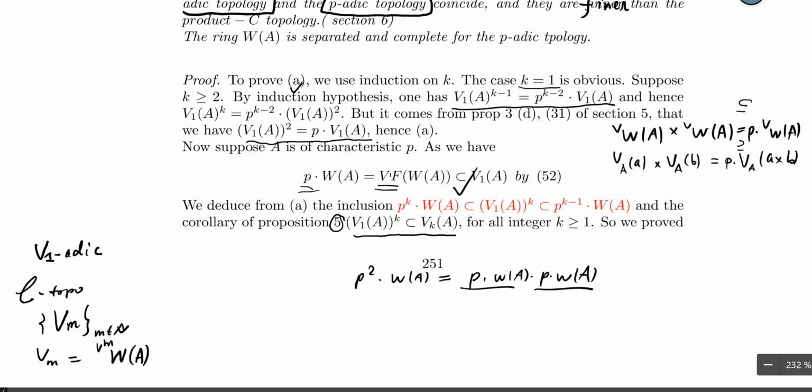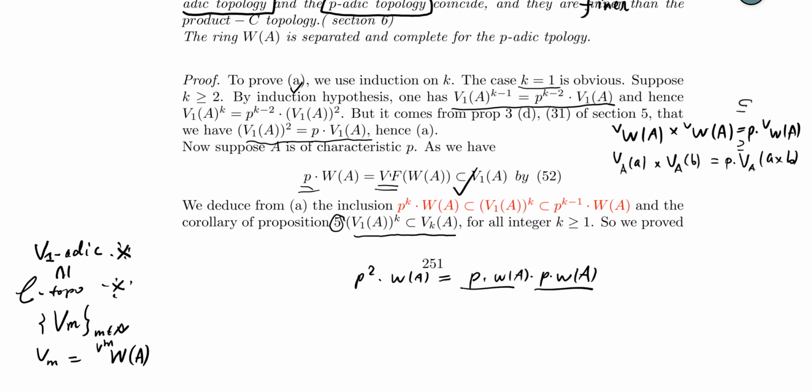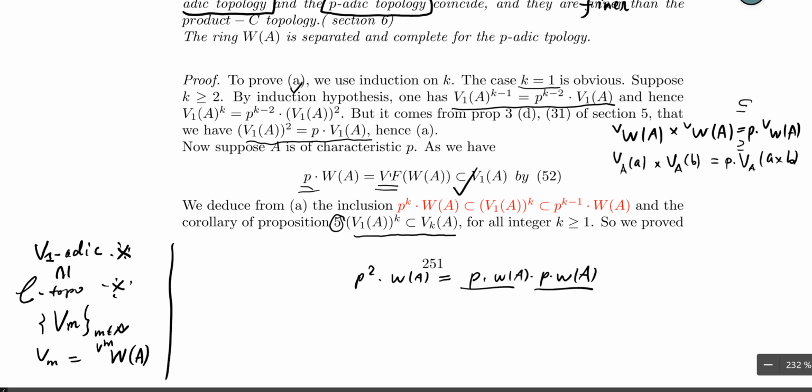Yeah, confusing. What's the difference? And you even claim this one is finer than this one? This is finer than this one? Well, obviously they are different. What is different? We went adic.